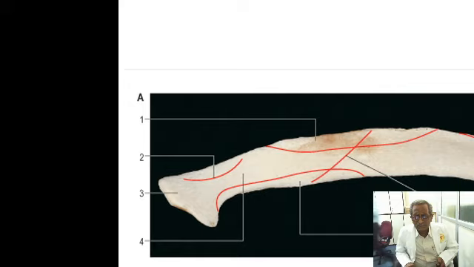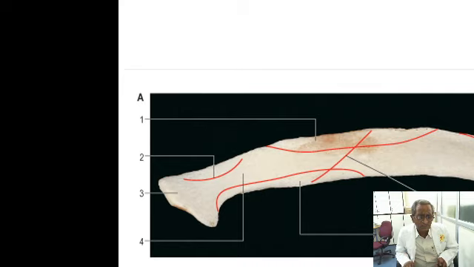In the middle of the anterior aspect we have internal intercostalis, whereas in the middle of the posterior aspect we have external intercostalis muscle, and towards the tip we have the attachment of the latissimus dorsi. Towards the tip of the anterior aspect we have the attachment of the diaphragm.